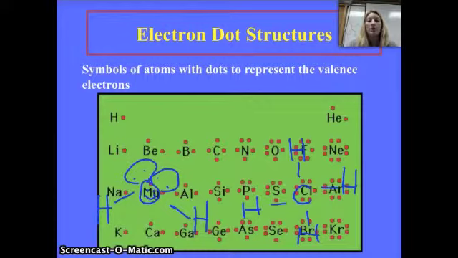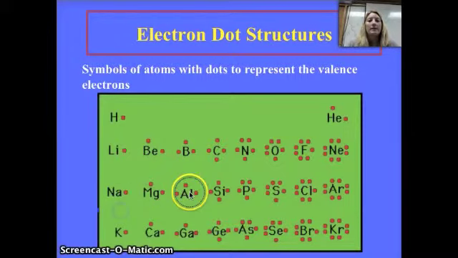So let's start out by looking at the beginning here. When we're looking at the Lewis dot structures, the first thing we have to look at is just the individual atoms that are there. And we start with what's called electron dot structures. All electron dot structures are the valence electrons.